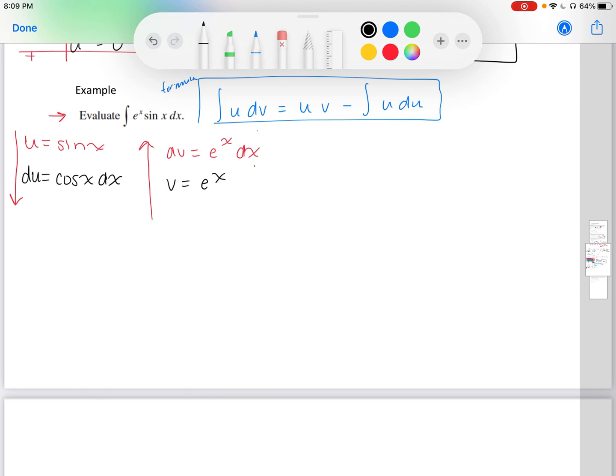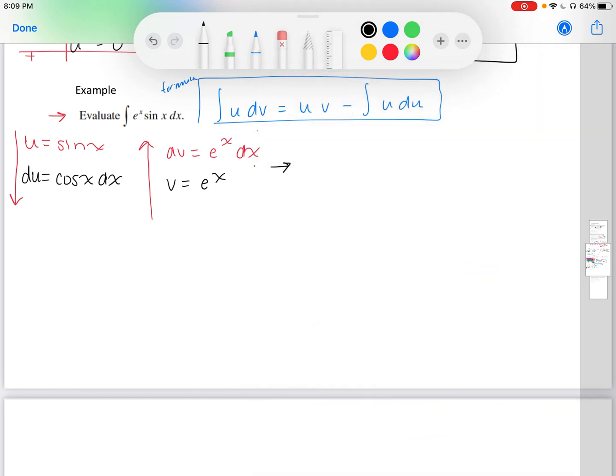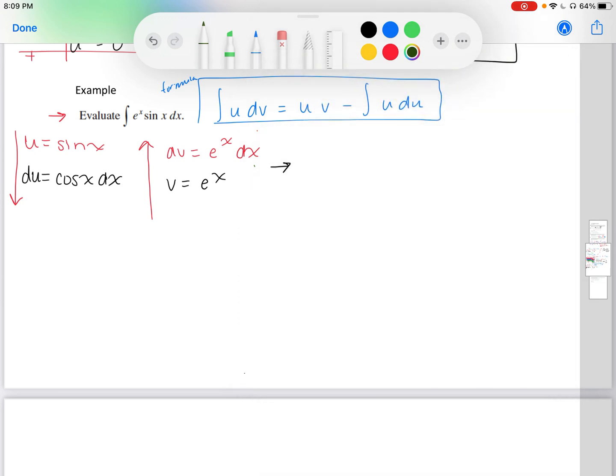Let's go ahead and replace it using our formula. We have our u, which is sine of x, our dv is e to the x.